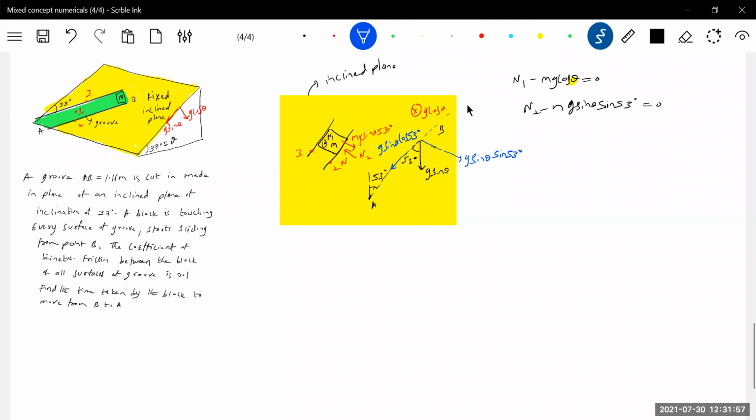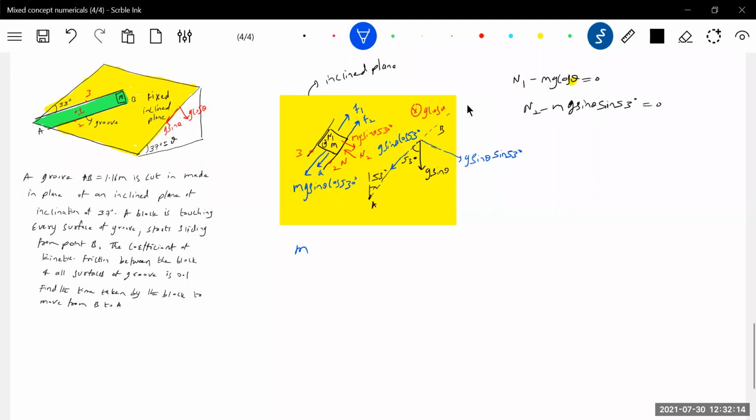Then how should the friction forces act? Friction forces F1 and F2. And what is the component of force that will act in this direction? mg sin theta cos 53 degrees, and it will have acceleration a.